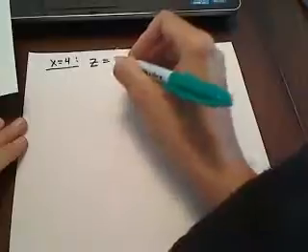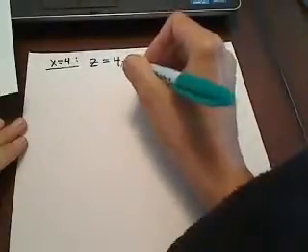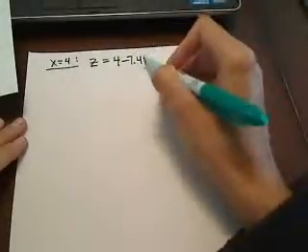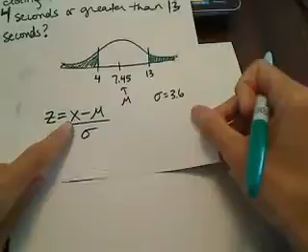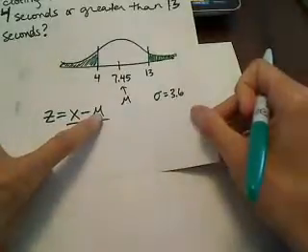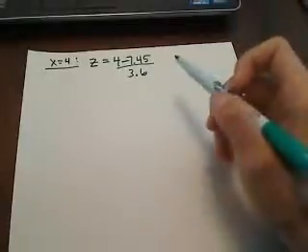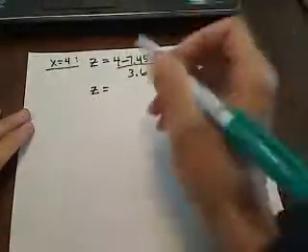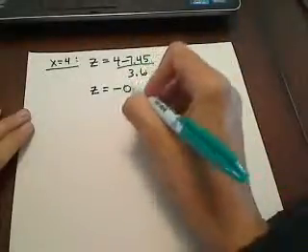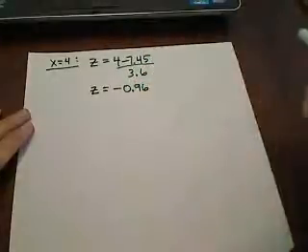So we're going to have a z of 4 minus the 7.45, and then over the standard deviation of 3.6. I'm actually using this formula and plugging 4 in for the x, 7.45 in for mu, and the standard deviation of 3.6. So if you calculate this on your calculator, you're going to get z equals negative 0.96.